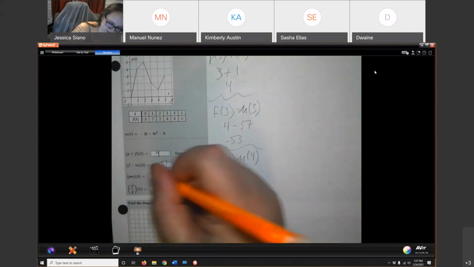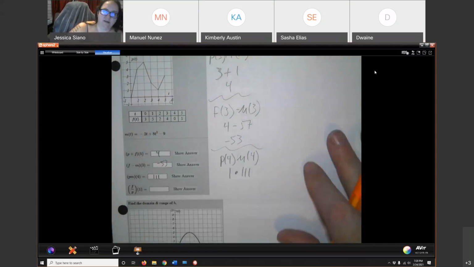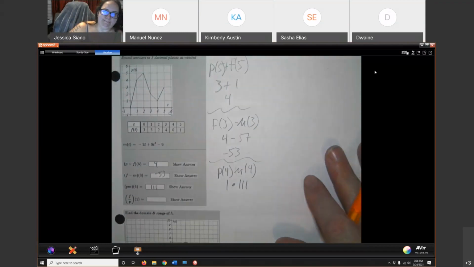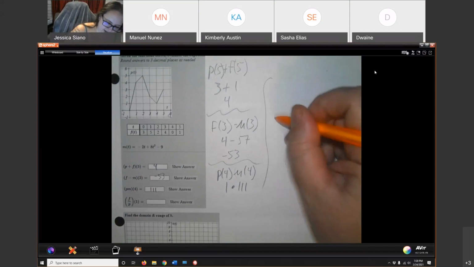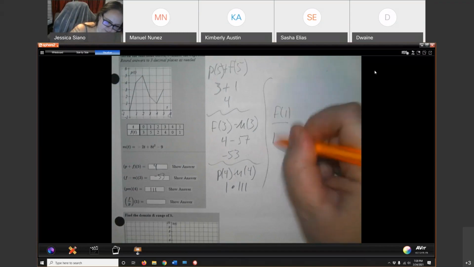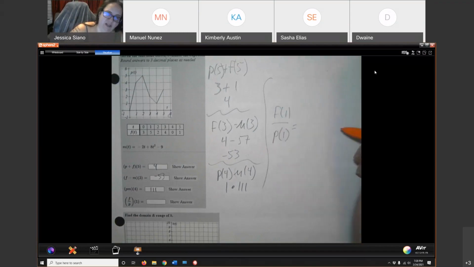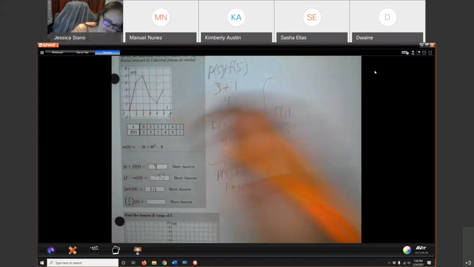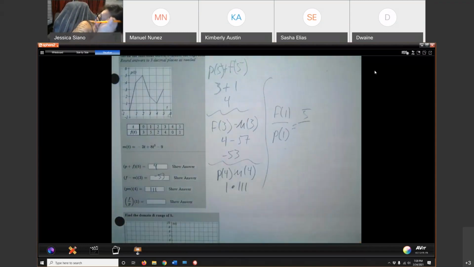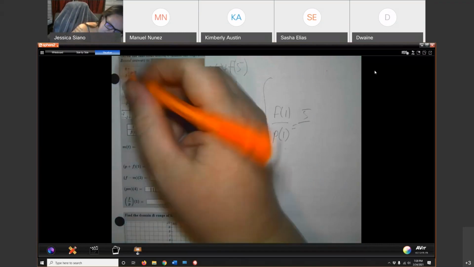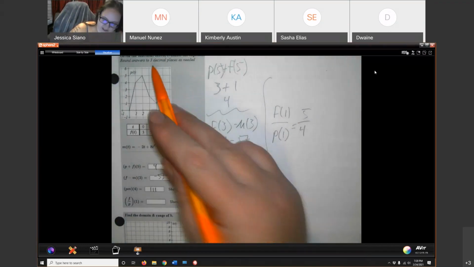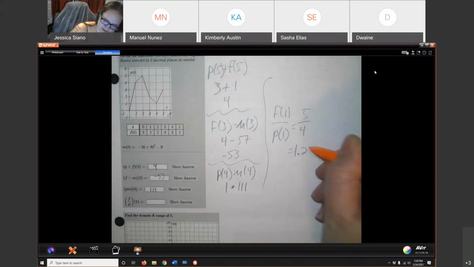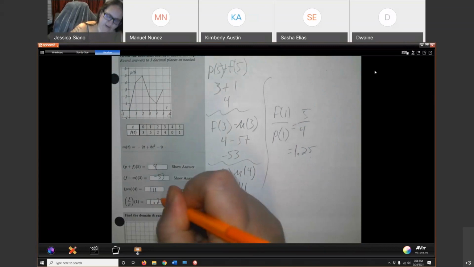So 1 times 111 is 111. And then F of 1 over P of 1. F of 1 is 5. P of 1 is 4. And they want a decimal, so that would be 1.2 flat.